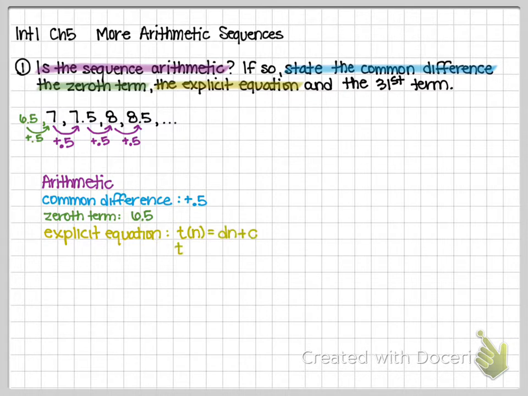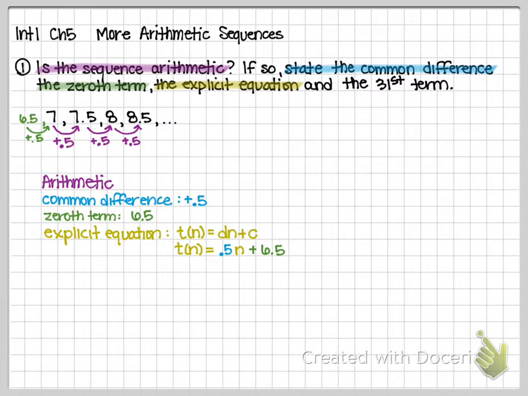Let's start plugging stuff in. We leave the T of n and the n. Then we take the common difference, which really is the slope, and put that in front. That's d. Then we identify the 0th term, and that's our c value. So plus 6.5. There is our explicit equation.